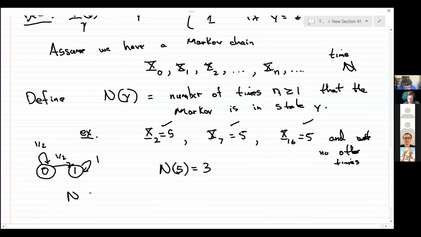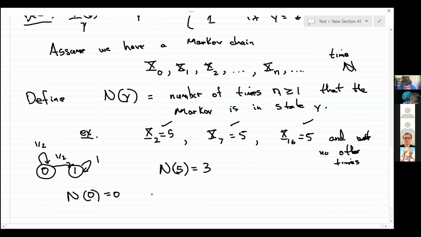The number of times you're at 0, well, it could be that it's counting the number of positive times. It could be that you go from 0 to 1 immediately. And if that's true, the number of positive times you're at 0 could be 0. That would correspond just to going from 0 to 1 on your first step.